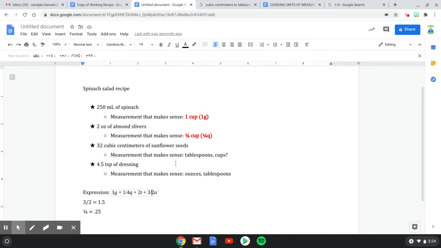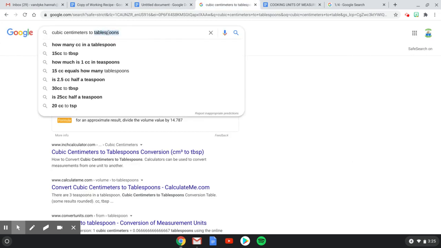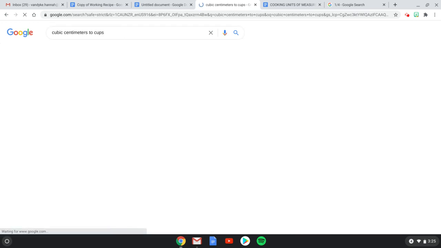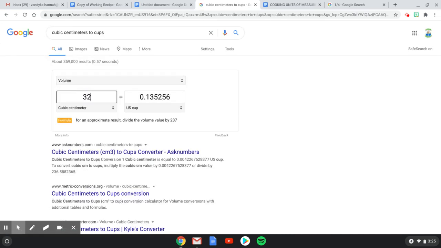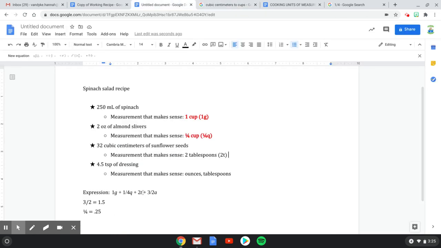So I am going to keep the tablespoons. So it converts to about 2 tablespoons, and 2t is my variable. If I just want to make sure, I can do cubic centimeters to cups and see what we get. And I got 0.13. I don't have a coefficient that's 0.13. So I know that this is correct.